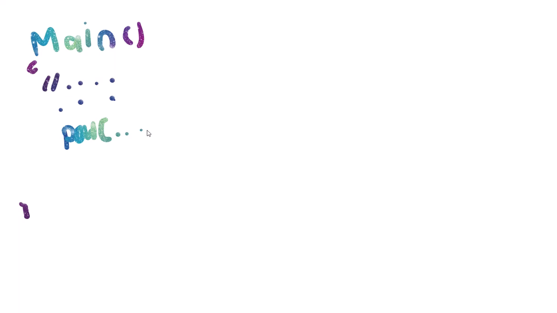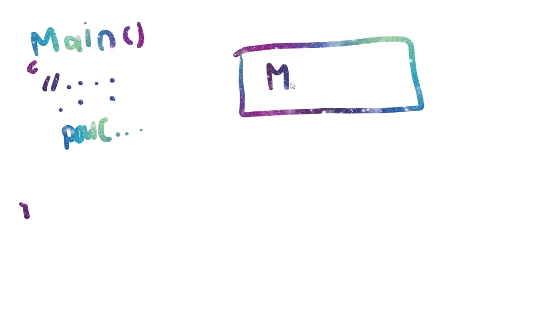So basically, instead of having a box with a main function here, and just having your program enter here and then leave here, you don't want to take this approach.